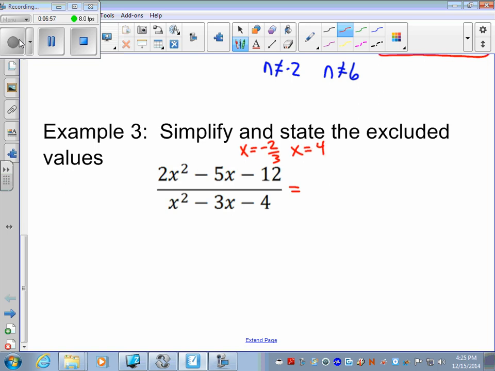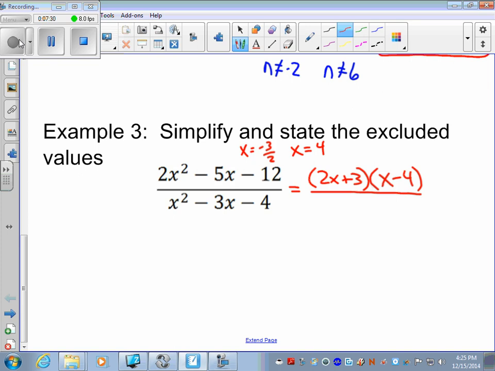To find the factors, set each one equal to 0. Negative 3 over 2 will factor to 2x plus 3, and x equals 4 is x minus 4 for the factors. You find those in the calculator, working backwards from the x-intercepts.